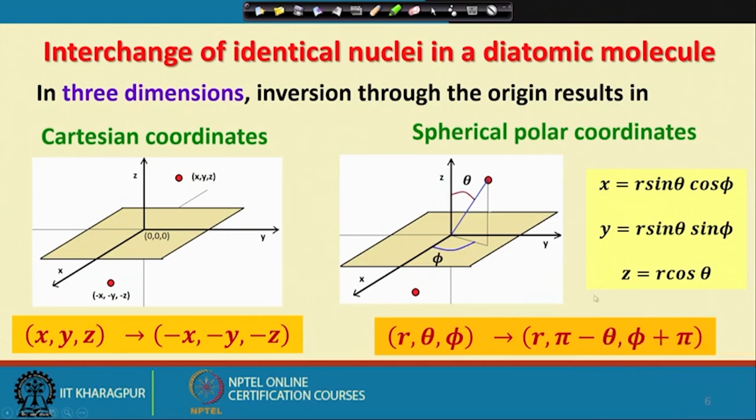Obviously, inversion preserves the distance from the origin and therefore, r remains unaltered. Then if you think about theta, instead of being here, now theta is going to be this distance and the angle it makes with the positive side of the z axis. So, that would be pi minus theta, and similarly you can very easily show that phi will be replaced by phi plus pi.